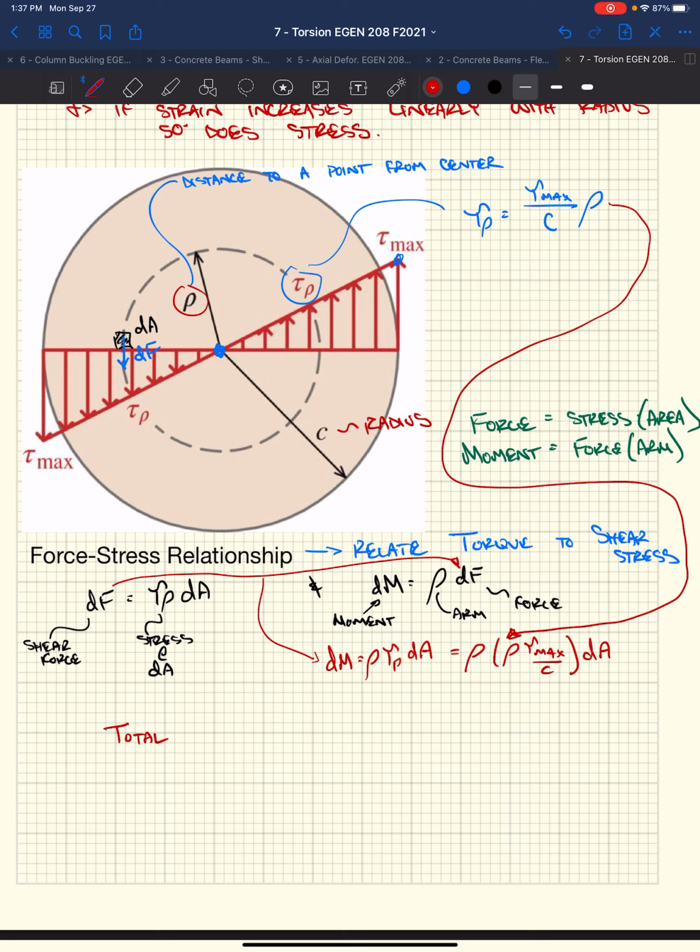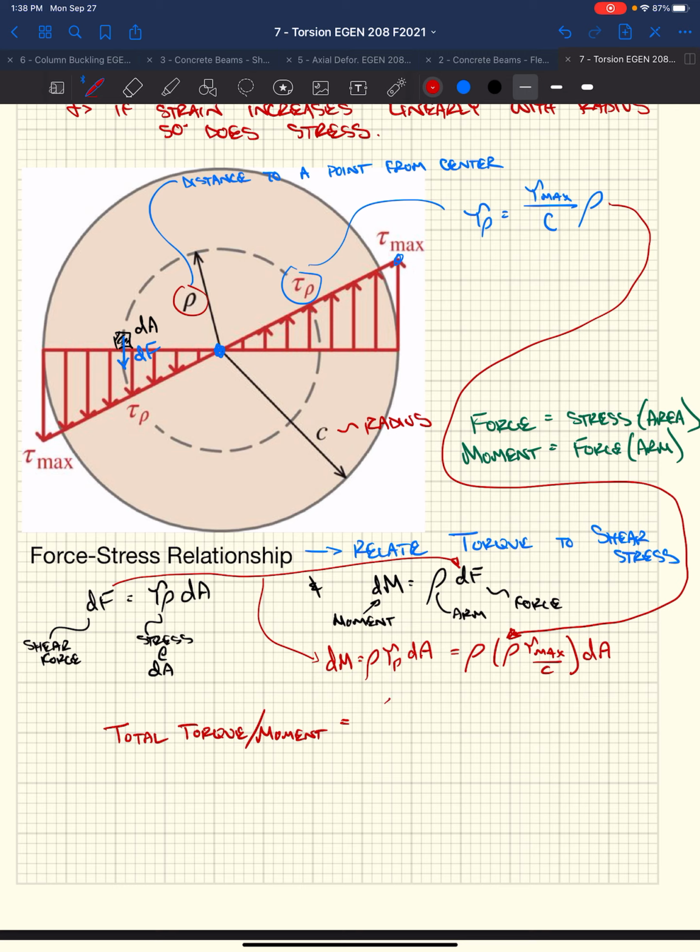Well, the total torque or moment acting over the entire cross section is all of these tiny little areas added up, right? All the forces that are acting over these tiny little areas, based on the stress acting at these tiny little areas, you added them all up across the whole cross section. That's how much force is really trying to twist this.